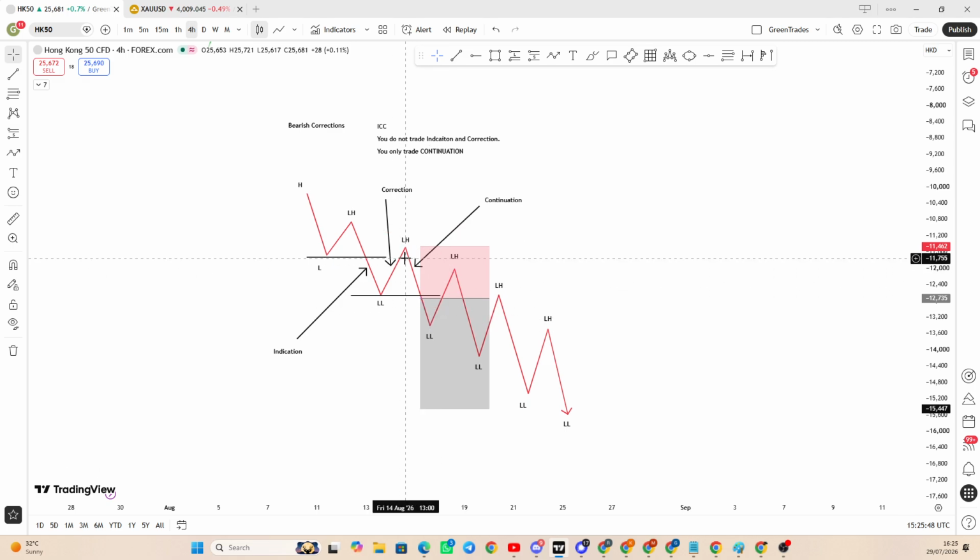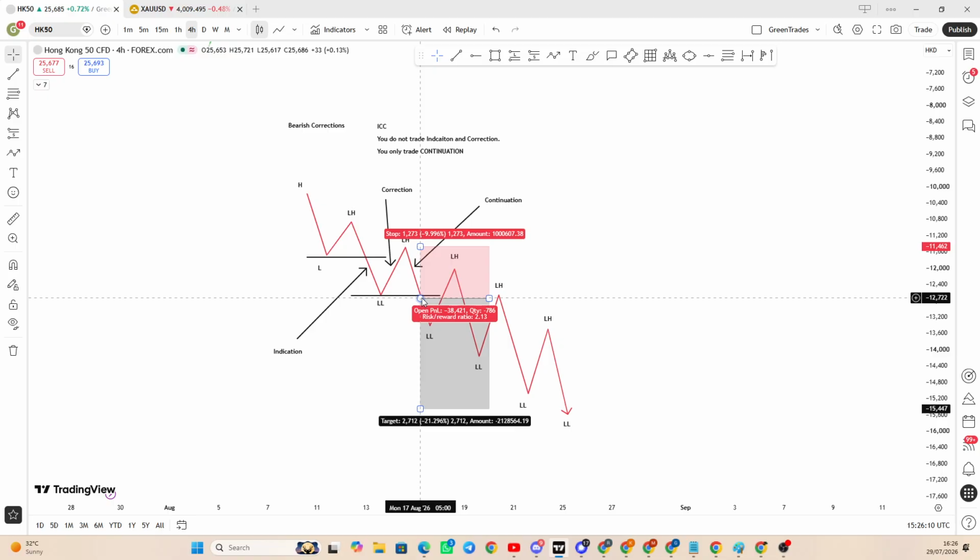But then how do you know that the correction has finished? Remember what I said in the bearish example, the correction is going to be a bullish trend. Once the correction is completed, you're looking to enter the trade. The safe place to enter the trade will be from this level.